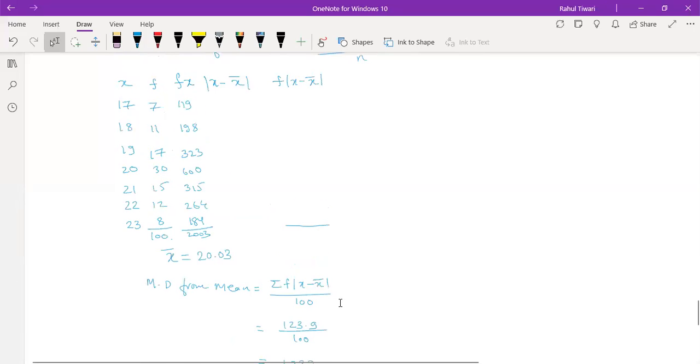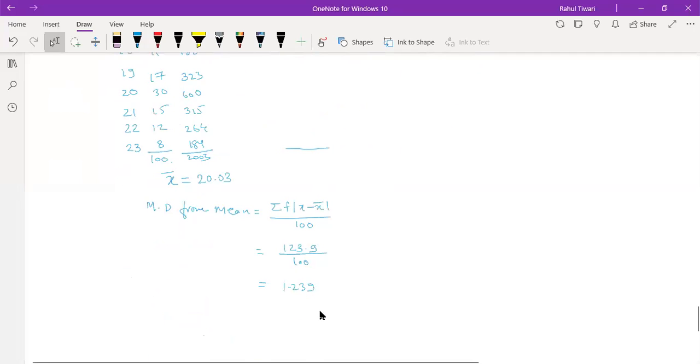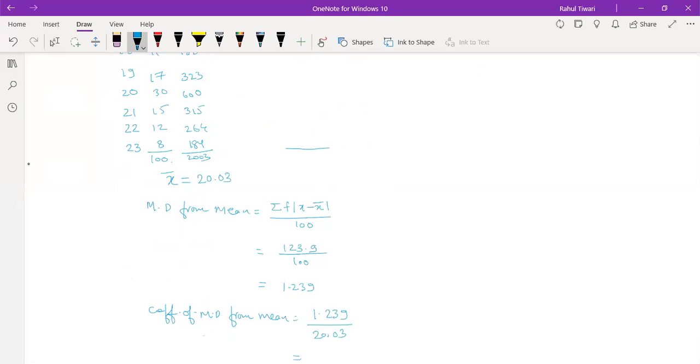Now, can you obtain the coefficient? You can just find the coefficient after this, okay? So the coefficient of MD from mean, which is 1.239 upon mean, which is 20.03. Put your answer in the chat box.